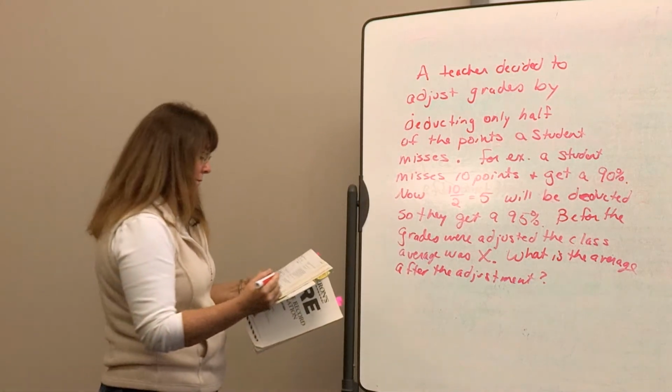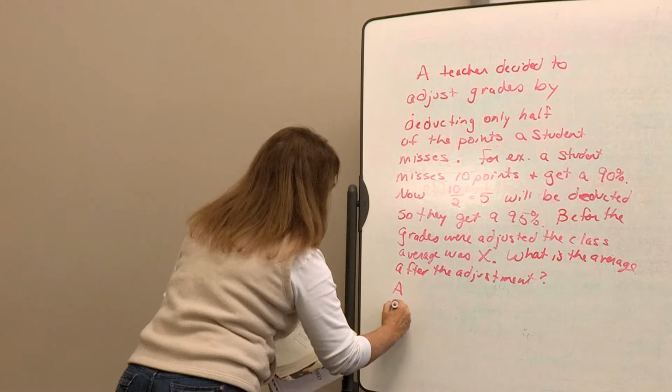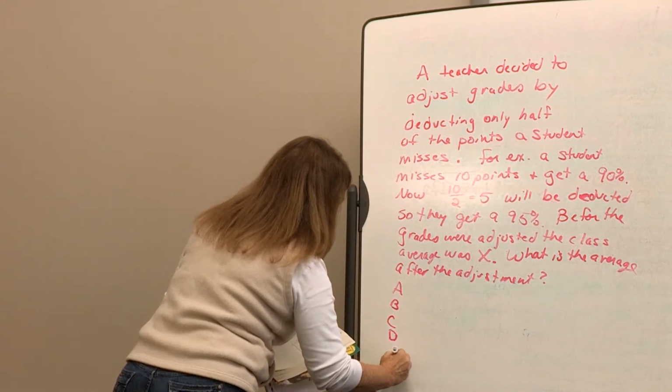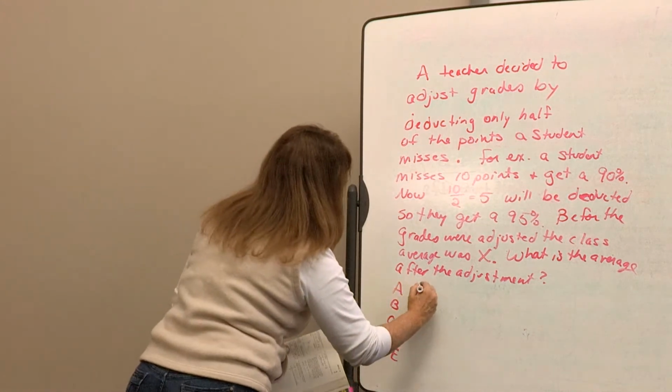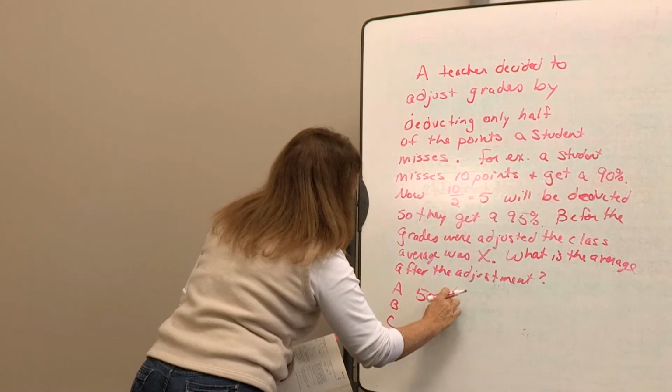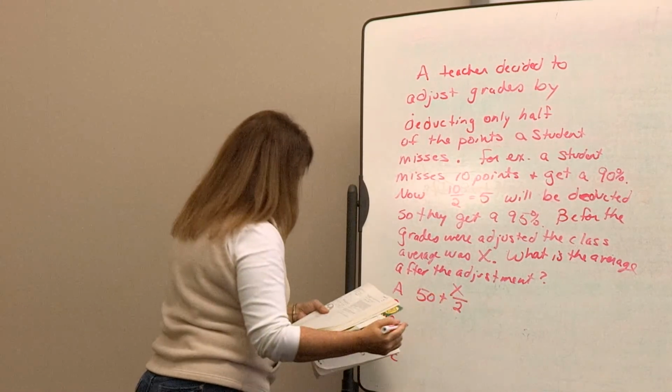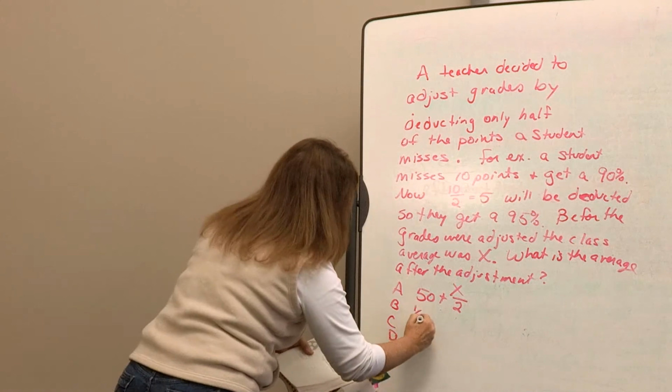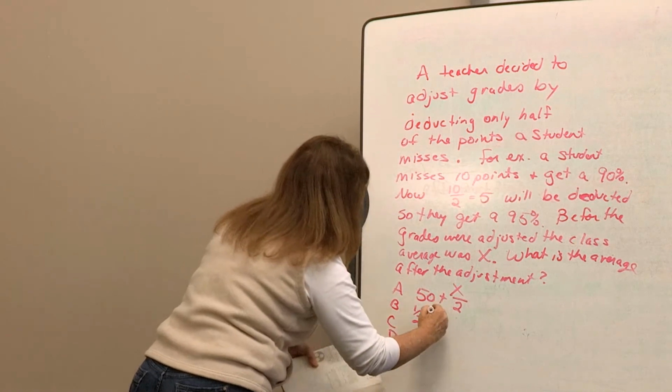And here's the choices. You've got 50 plus x over 2. You've got 1/2 times 100 minus x.